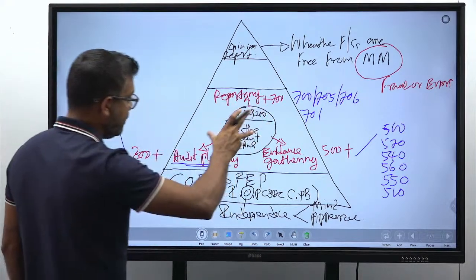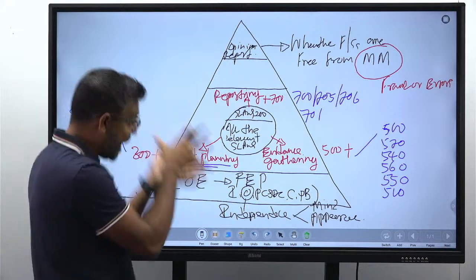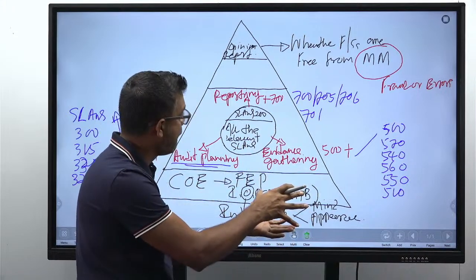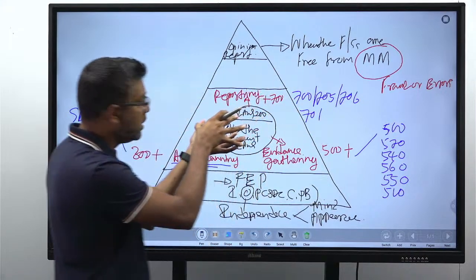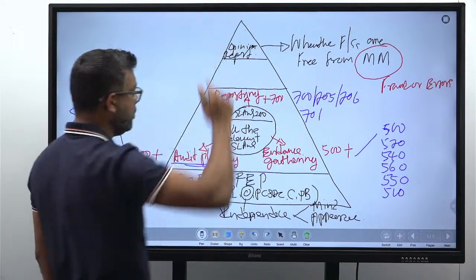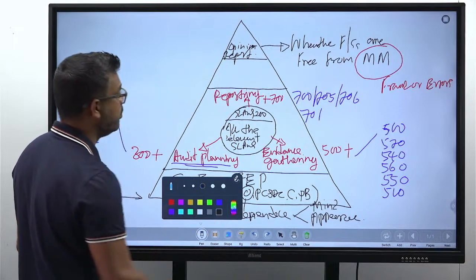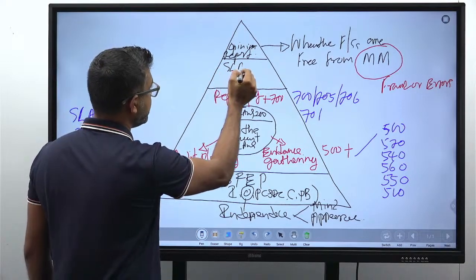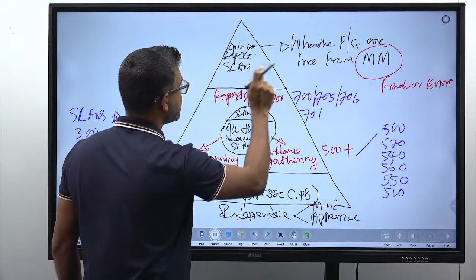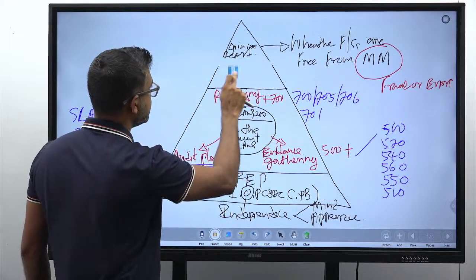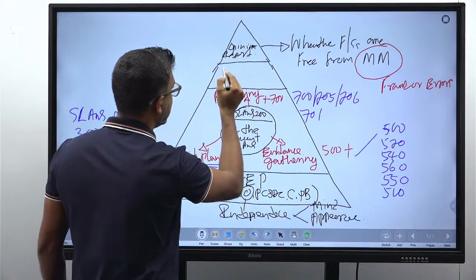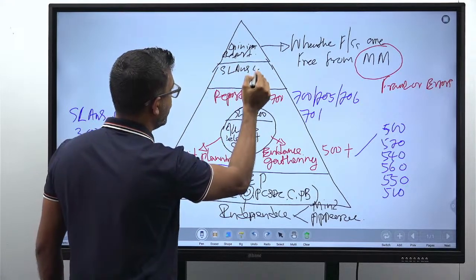So here the standards ask you to plan the audit properly, then gather audit evidence. Based on audit evidence, finally form your opinion through reporting related standards. Before you come here, another important standard is SLAUS 450.